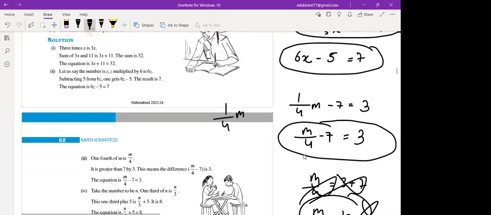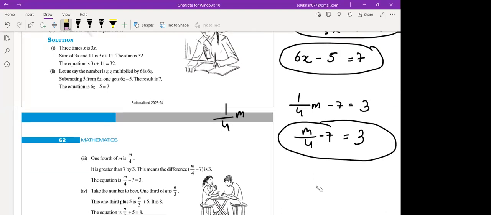Okay? Ma'am, like for the fourth question, if we write 1 by 3x plus 5 equals 8, that can also be correct, right? Yes. Okay.